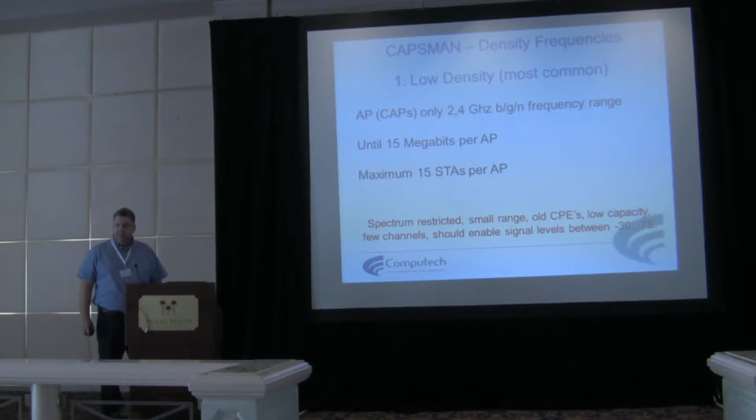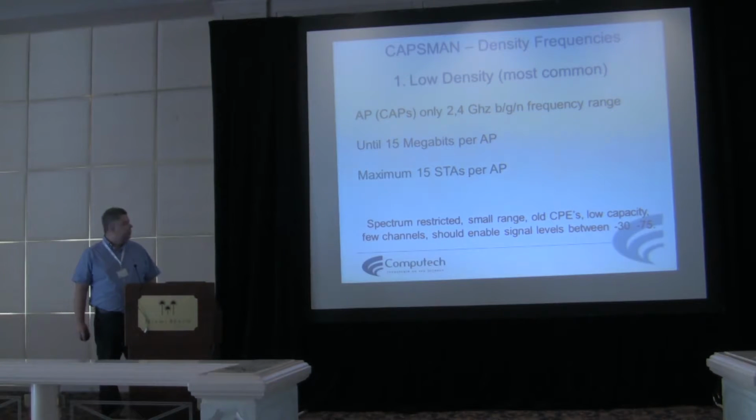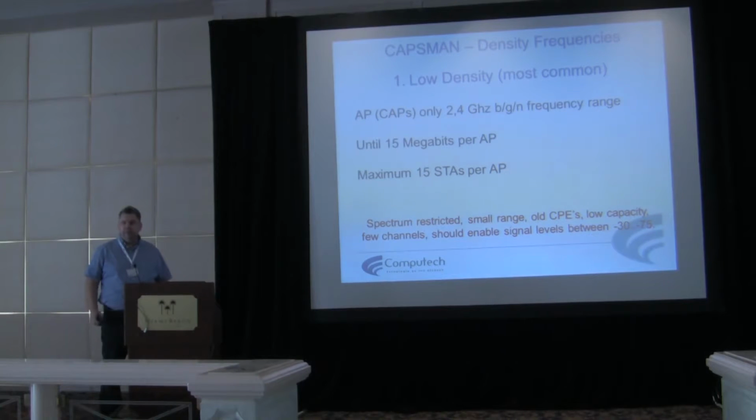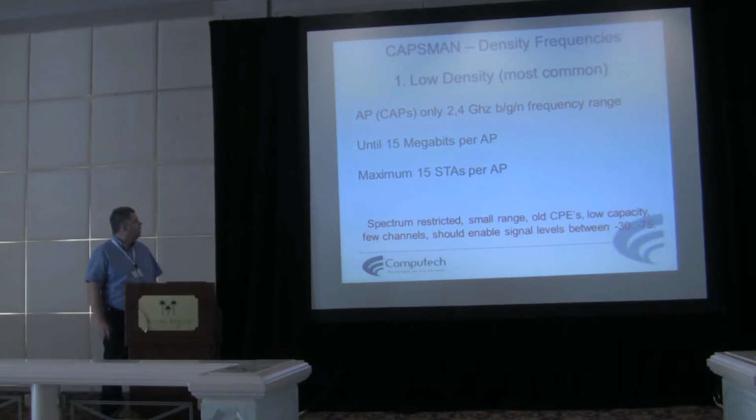Well, let's consider three different combinations and ways to do an event, or cover a hotel or club or whatever. The first one I call low density, is when you have few access points in a room, few access points in an application.